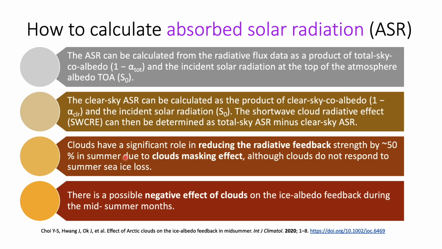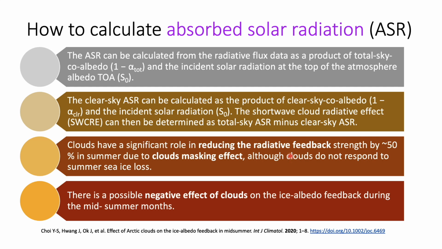Because the clouds have a significant role in reducing the radiative feedback, that means whatever is escaping the atmosphere is being blocked by the cloud. So that is the reason we need to know how much cloud there is and what the thickness of the cloud is, everything, because it reduces the radiative feedback by around 50% in the summer due to the cloud masking effect.